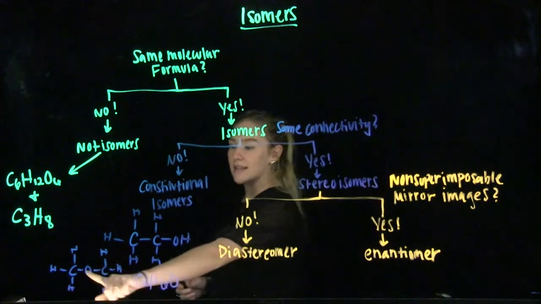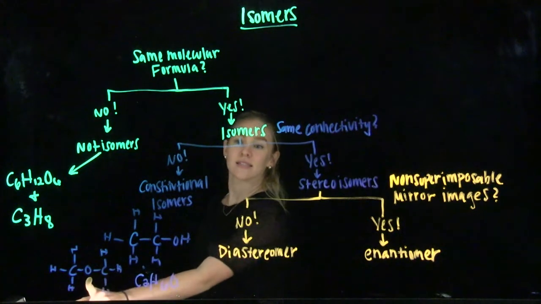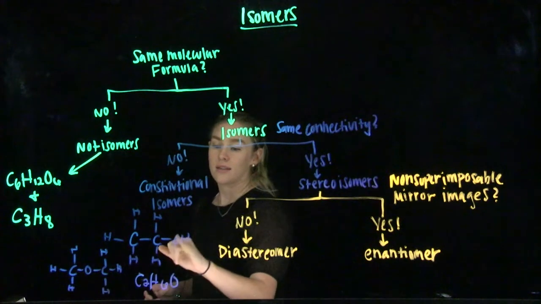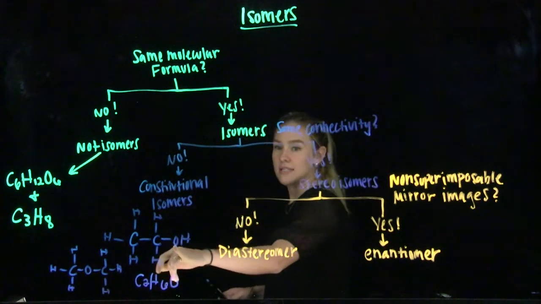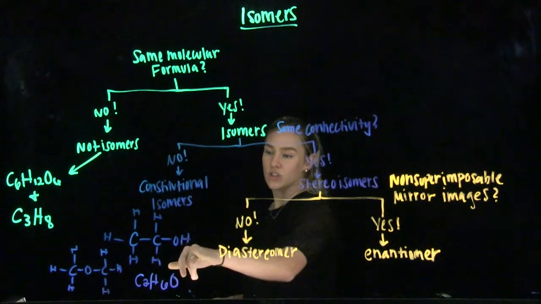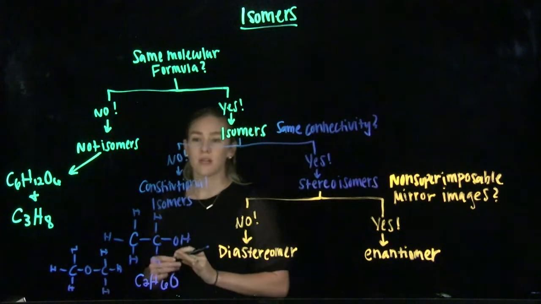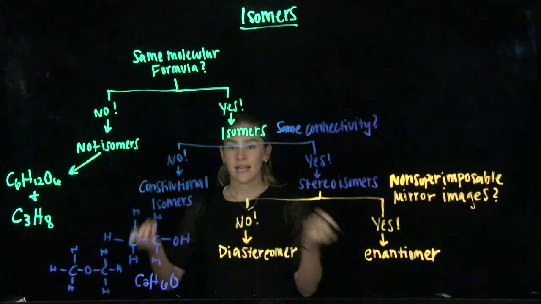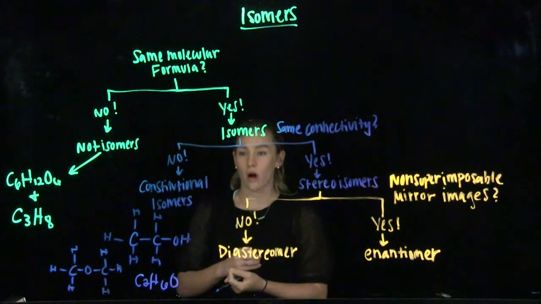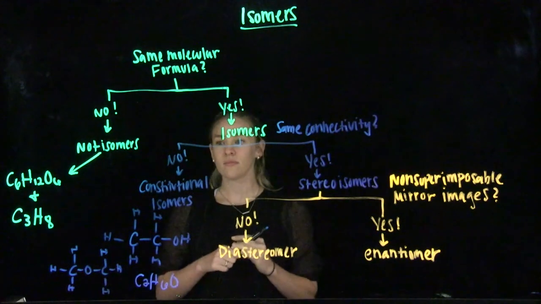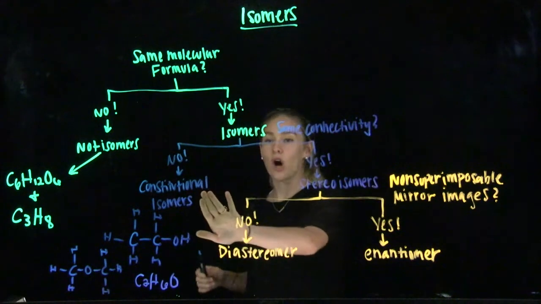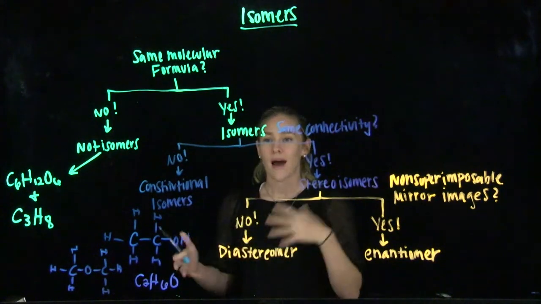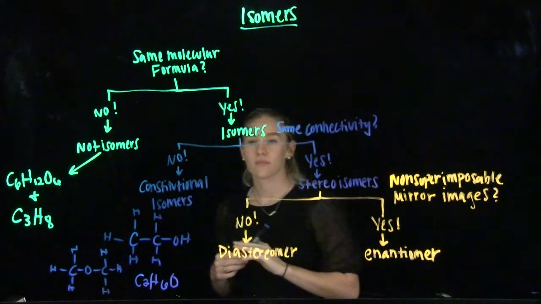Notice that this oxygen in this molecule is connected to 2 carbons only. The oxygen in this molecule is connected to a carbon and a hydrogen. So while they do have the same molecular formula, they're not connected the same way. They're like Legos that got taken apart and re-put together in the wrong way. So in that case, these are constitutional isomers. The way they're constituted, how they're made up is different.